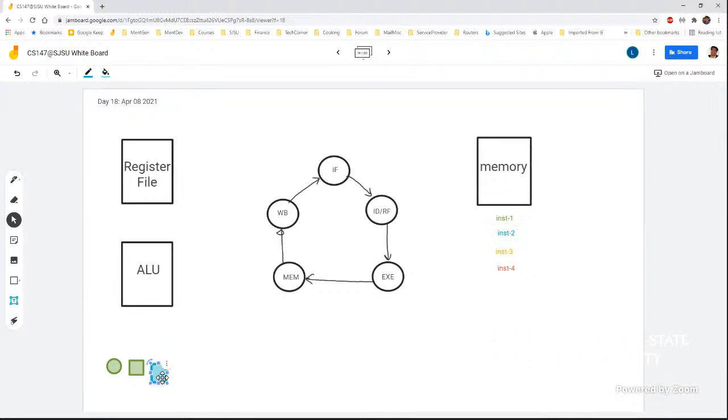So here is how it does that. Let me draw four things.